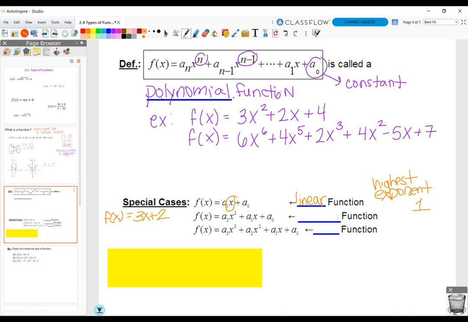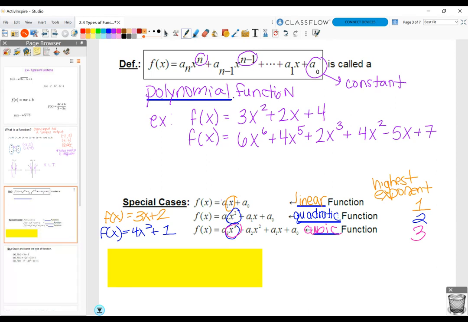That's a linear function. The next one, my highest exponent is a 2. An example might look like 4x squared plus 1. That's a quadratic function, and it looks like a parabola when we graph it. And last but not least, when my highest exponent is a 3, this is a cubic function.